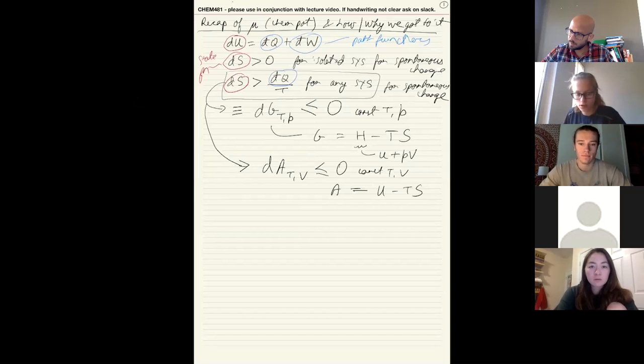That's the integrated first and second law of thermodynamics, which says dU is equal to TdS plus dW. And if you have only pressure-volume work going on, which is the form in which we are using it most of the time, then dU is equal to TdS minus PdV. This is our integrated first and second law.